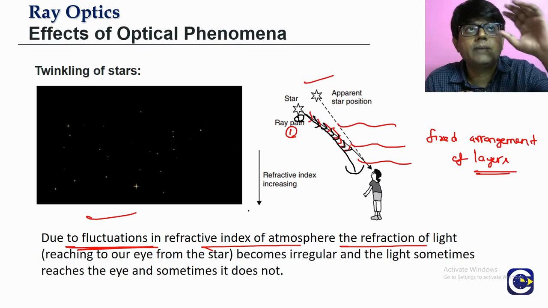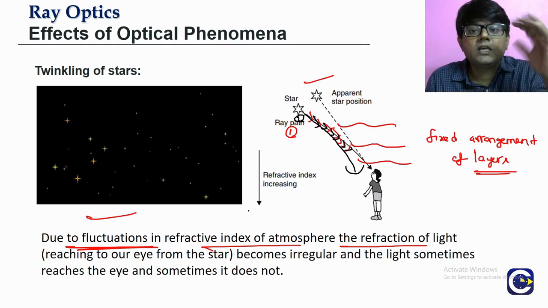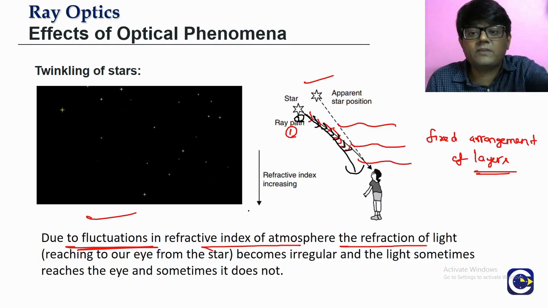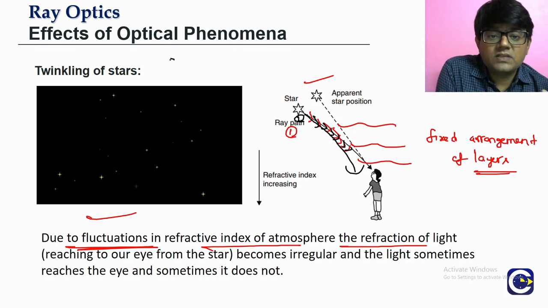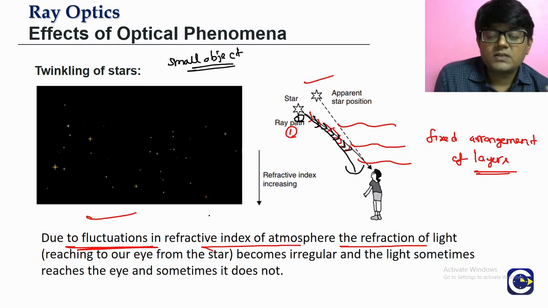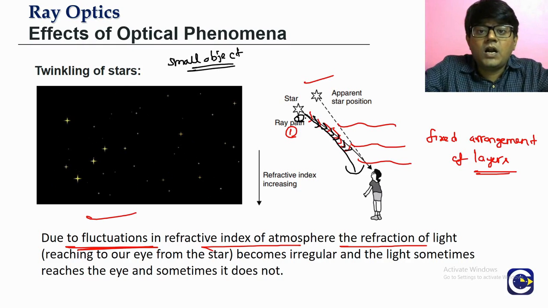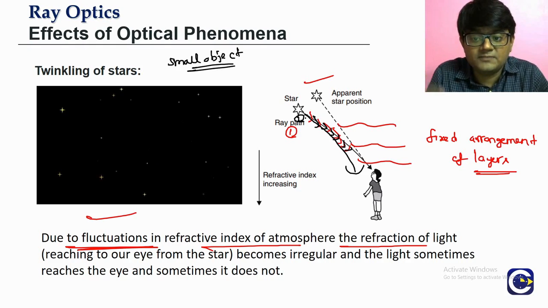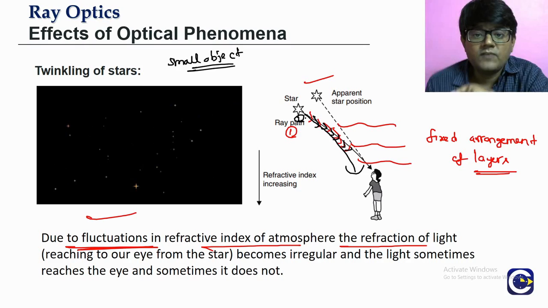So if we imagine we are observing from a fixed position, then consider the light rays entering the eye from the star. The star is a small object, so we can only consider a small number of light rays coming from it.